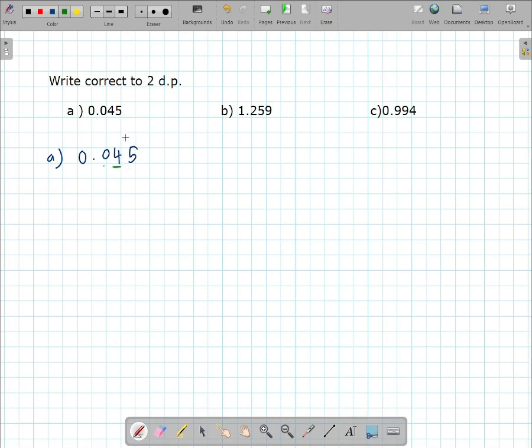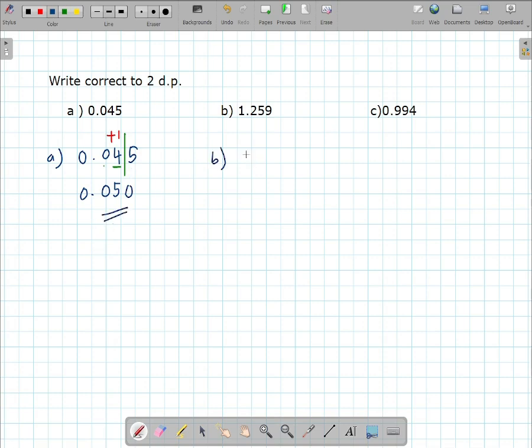And after that, I'm going to put a separation. Then I check the number right after the separation, that is 5. If the number right after the separation is 5 or more, we have to add 1 to the underlined digit. So it is 5, then we have to add 1. So the answer is 0.05. Then after the separation, the digit has to be 0.